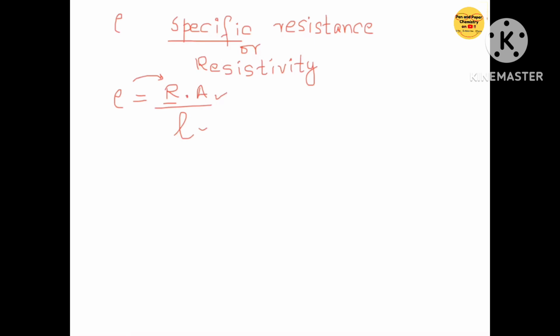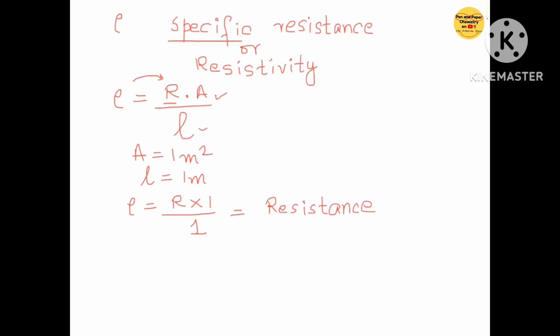That means 1 meter square and 1 meter length. So if the area of cross section of the conductor is 1 meter square and its length is 1 meter, then rho automatically becomes equal to R into 1 divided by 1, that is equal to the resistance of the conductor.